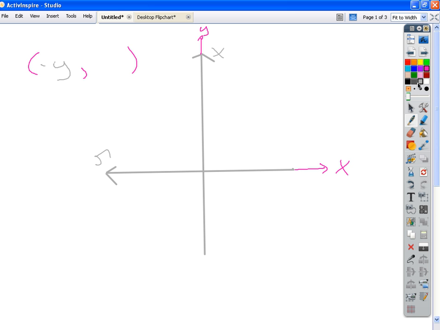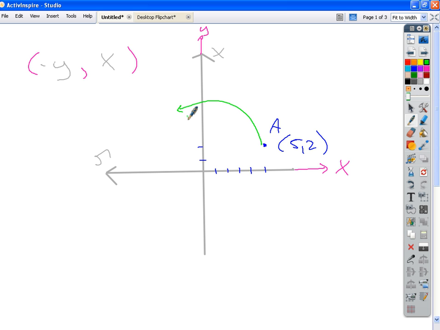So make a prediction for me. Let's say I started off with the point 5, 2. So there's point A with coordinates 5, 2. If I rotate that 90 degrees counterclockwise, like so, what are the new coordinates going to be?